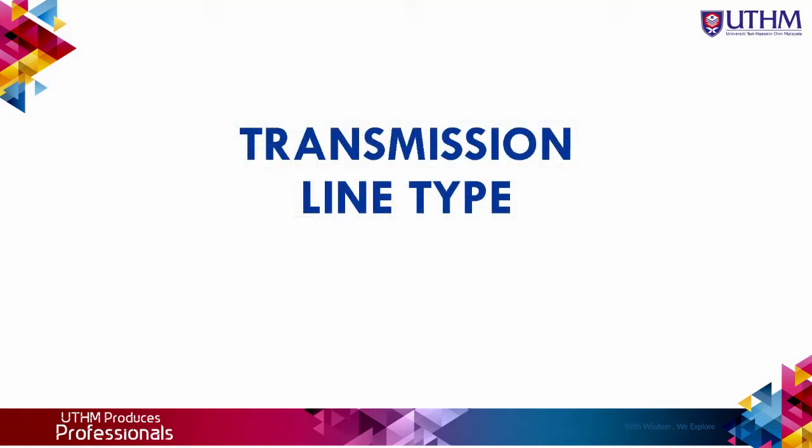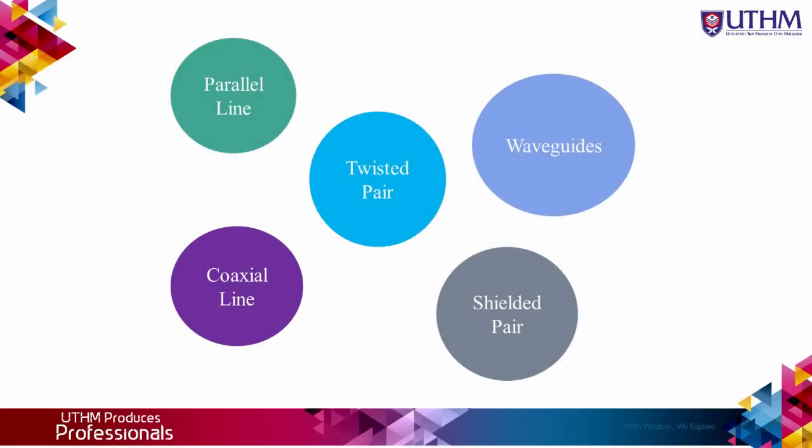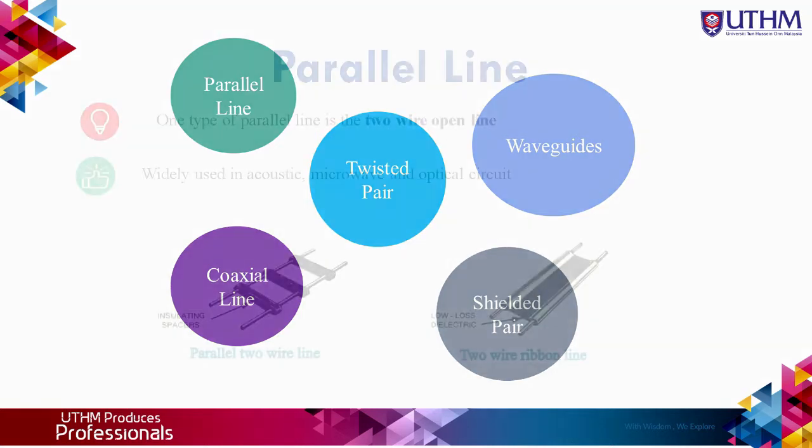So we proceed to the transmission line types. There are 5 types of transmission line, consisting of parallel line, twisted pair, shielded pair, waveguides, and finally coaxial line.